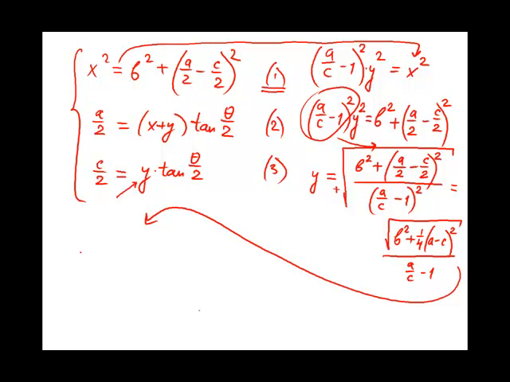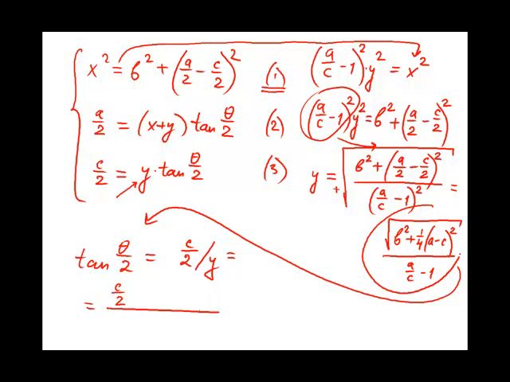Now I find theta from equation 3. Tangent theta over 2 is c over 2 divided by y. And in here I substitute y that I found. So this is c over 2 divided by this whole fraction.